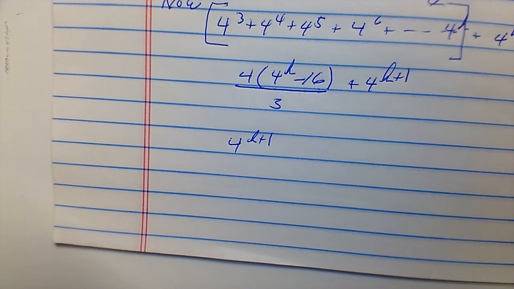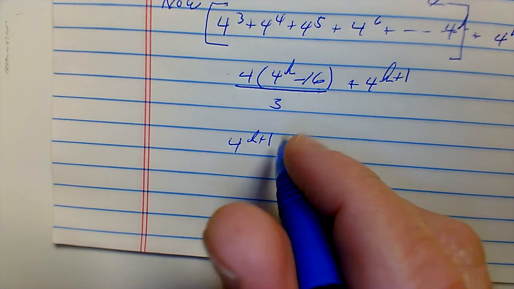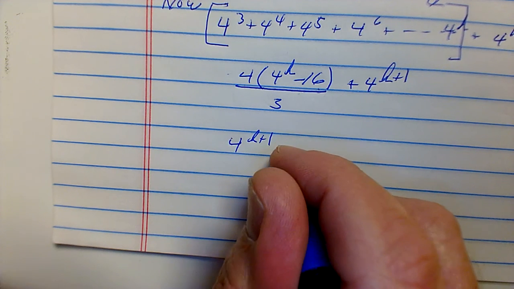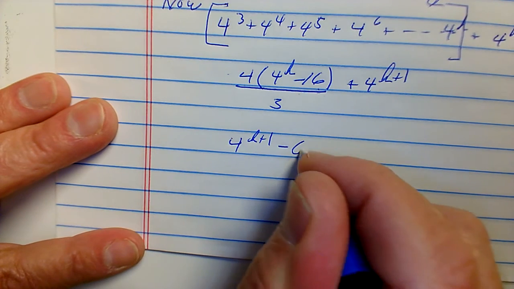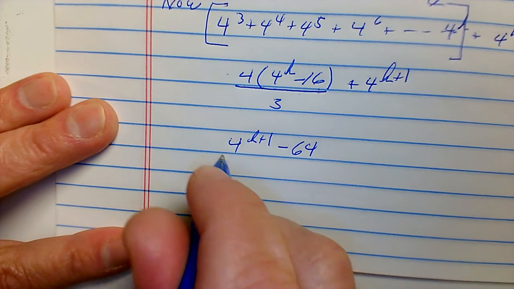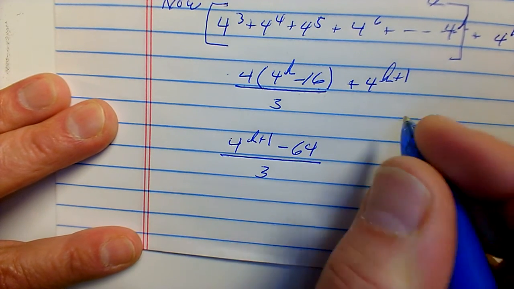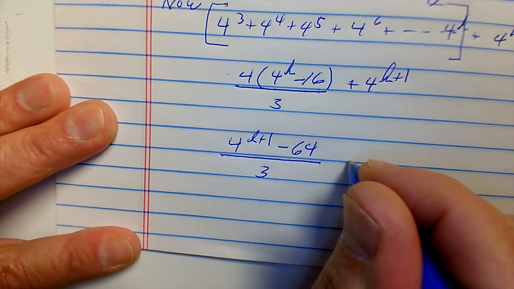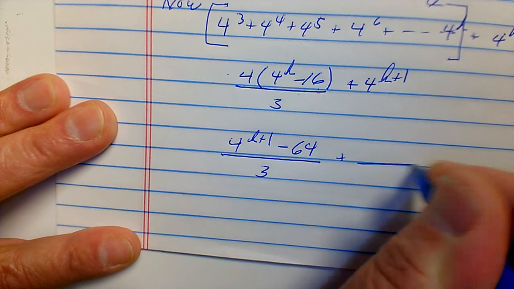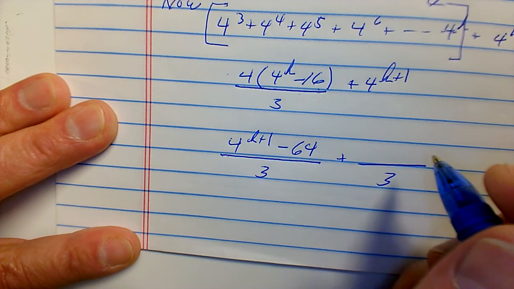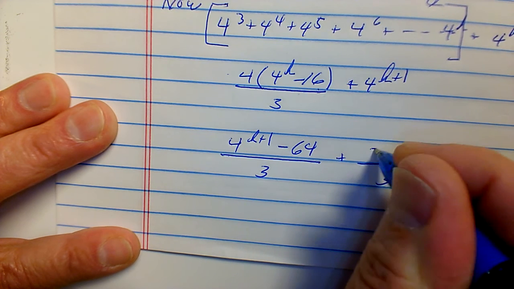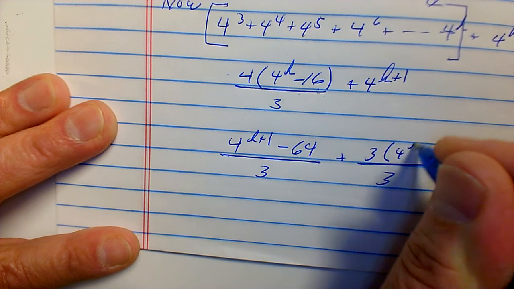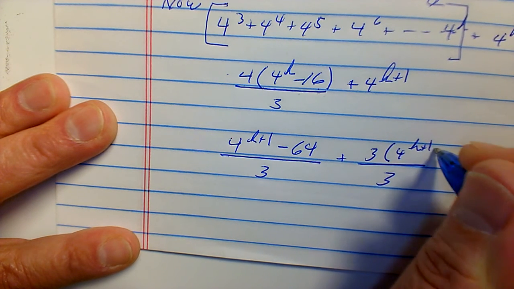Then we're going to have 4 times, how do we want to write it? 4 times the 16, should we write it as minus 64? That's all over 3. Over here, we need a common denominator of 3. So we're going to have to multiply 3 times 4 to the k plus 1.